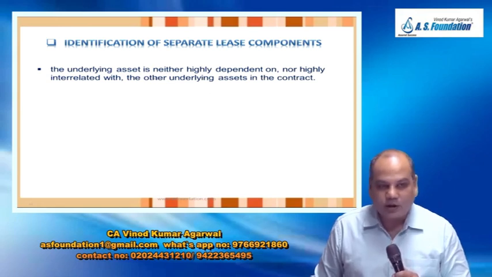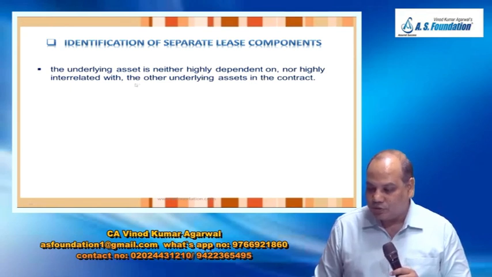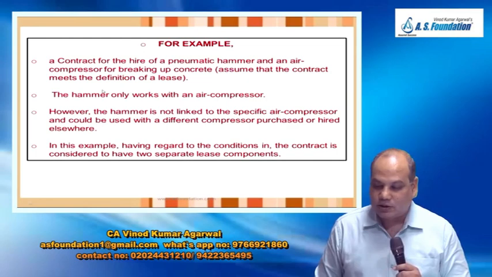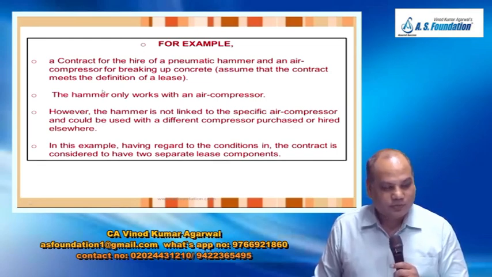If the underlying asset is highly dependent or highly interrelated, then you don't need to separate. But if it is neither highly dependent nor highly interrelated with other underlying assets, then you will separate.